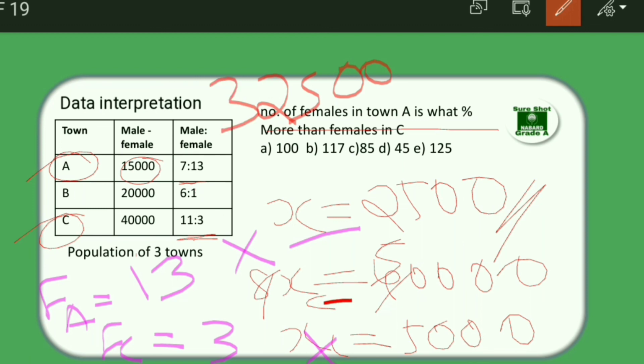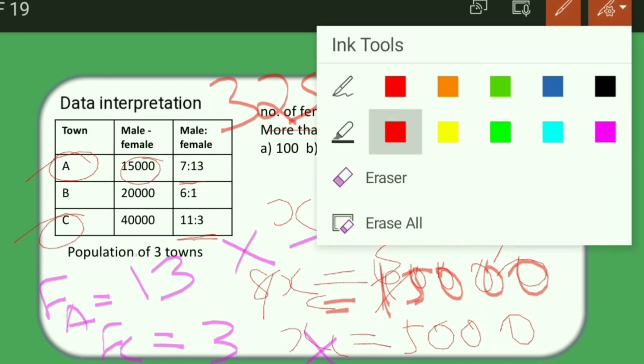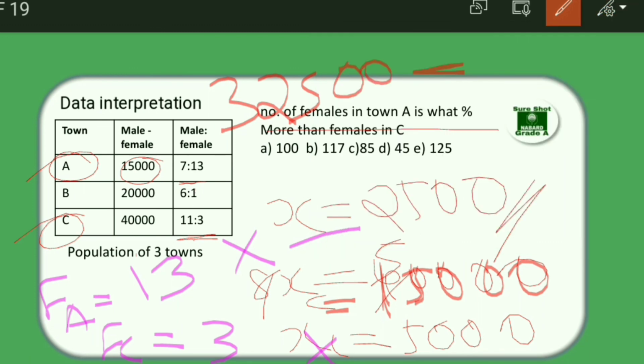And how much is here? 15,000. So females in town A is what percent more than C? So we need to take the difference. What would be their difference? 32,500 minus 15,000 is 17,500.